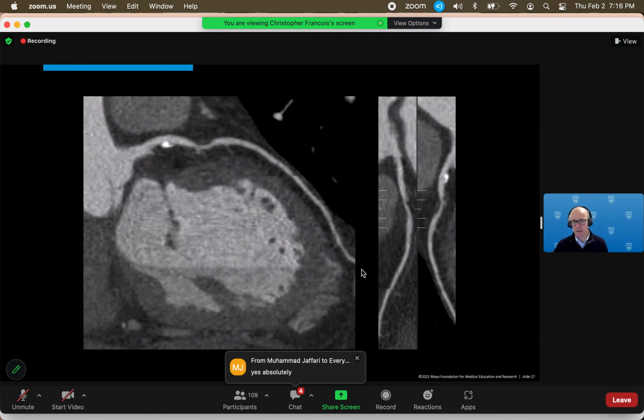So the first step is we're going to look at these images and tell me what you see.